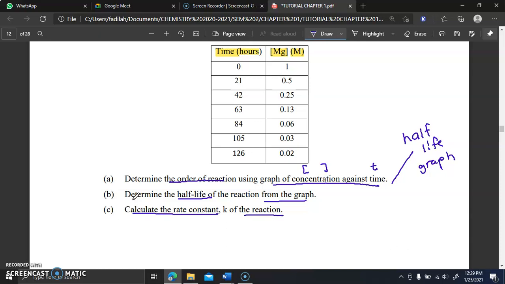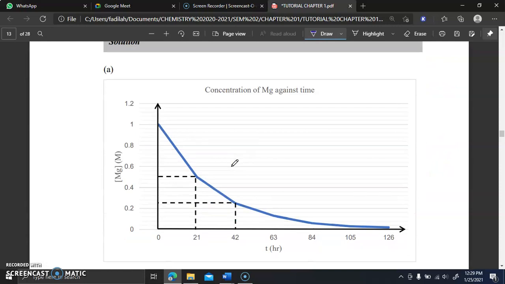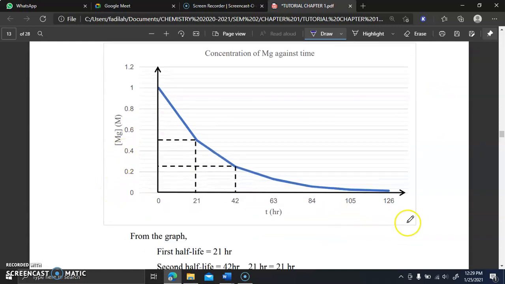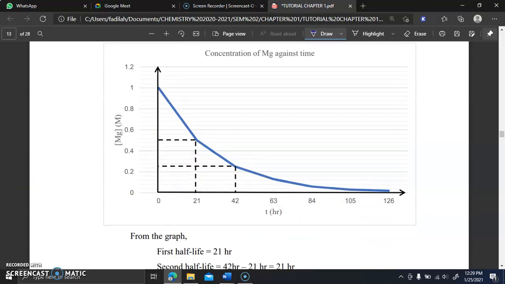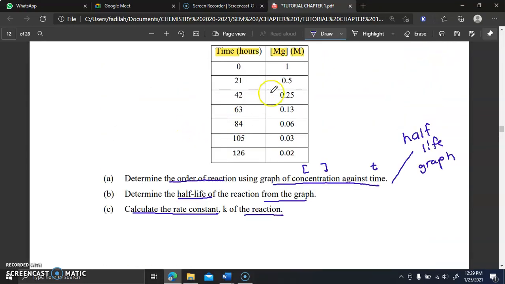Right, so for this example, when we plot concentration of magnesium against T in hour, we get this shape of graph. Kita dapat curve yang macam ni, macam exponential punya graph. So the initial concentration from the graph is 1. How do we know 1? Because at time 0, concentration is 1 molar.